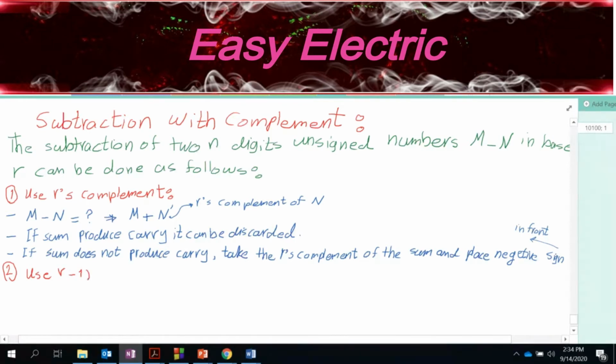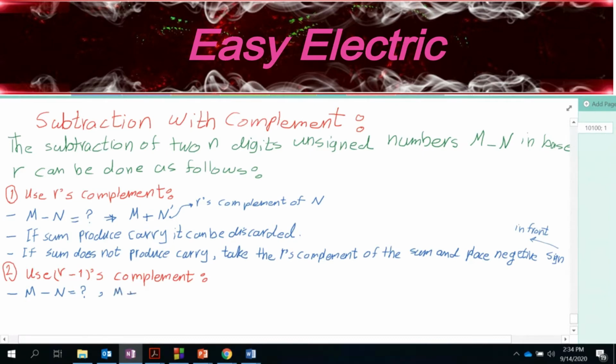So let's see how you could use that. Let's use the same color here. Again, the same story, right? You want to subtract two numbers, but you don't have any hardware to make a subtraction. You just have the adder. You could just use the addition.